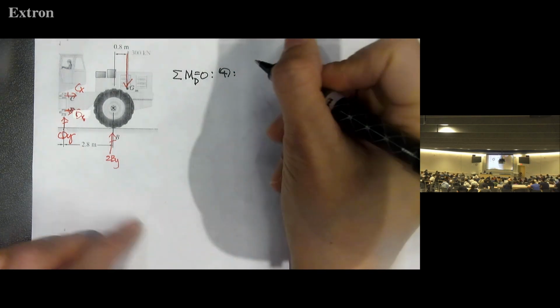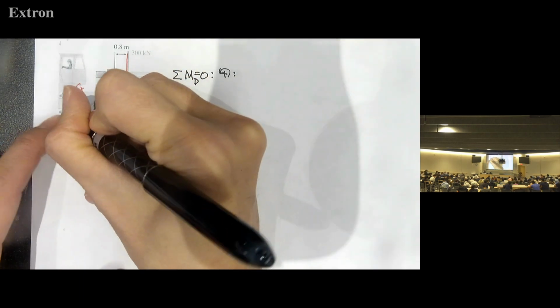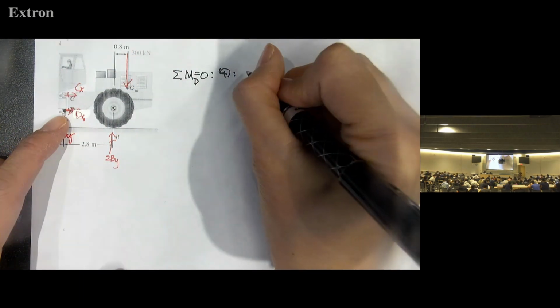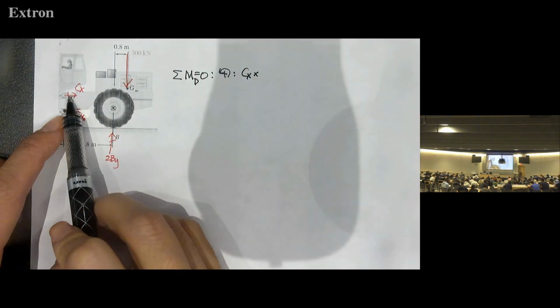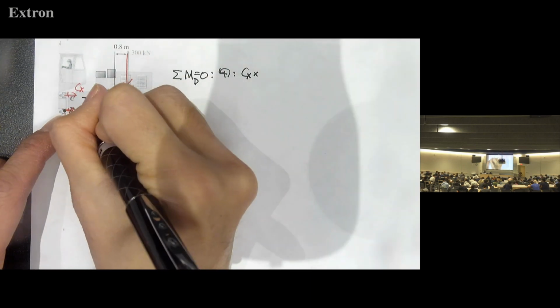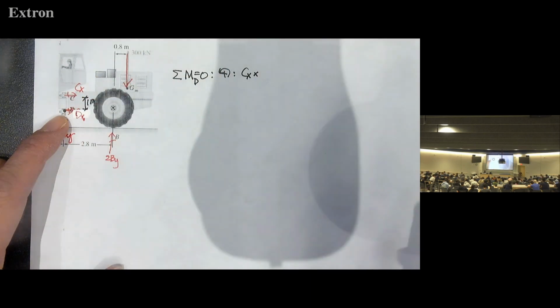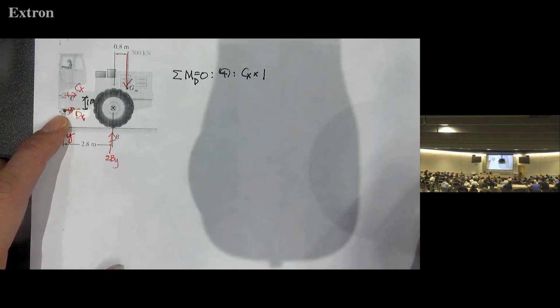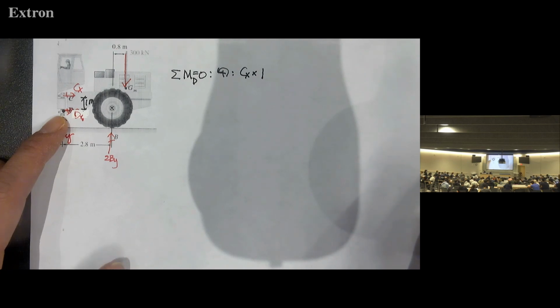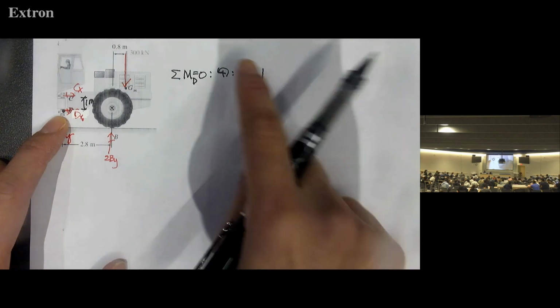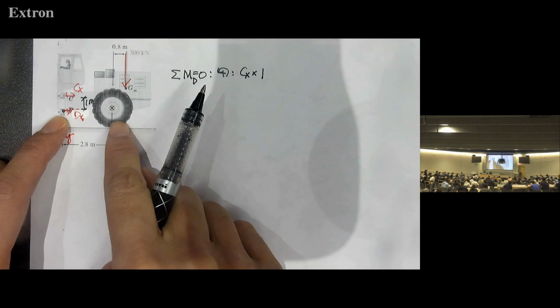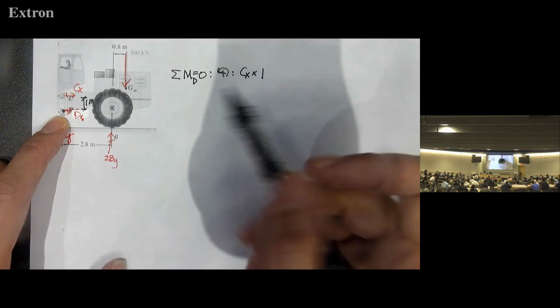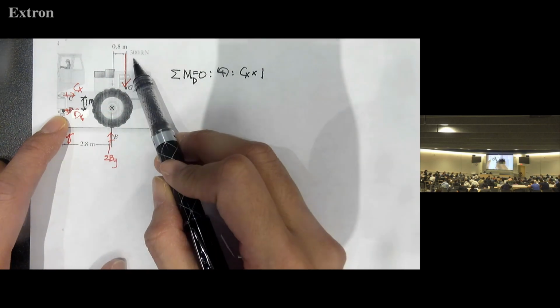Then if counterclockwise is positive, then we have Cx times distance between C and D, which is 1. So just Cx is fine, or I use 1. It's written in the problem statement. 1. I didn't make that up.